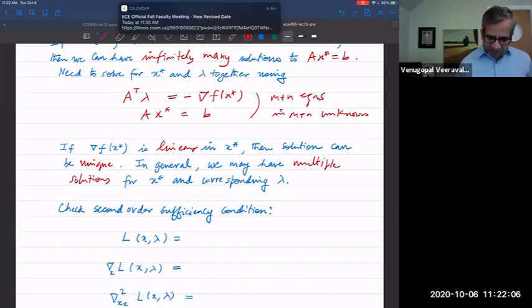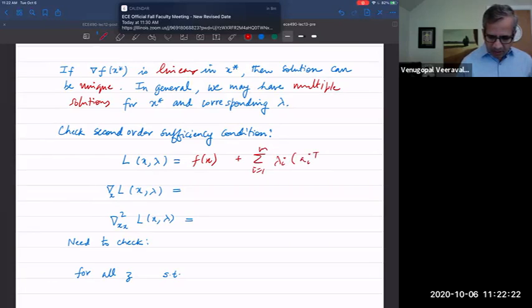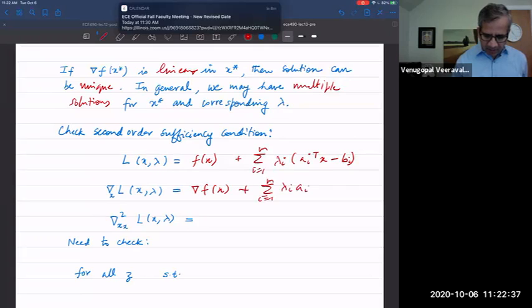The second order sufficiency condition is easy to write in this case, because the Lagrangian can be written in terms of the A I transpose X minus B I. When you take the gradient, you just get the gradient of F of X plus a summation I equal to 1 to m lambda I, like we saw before.